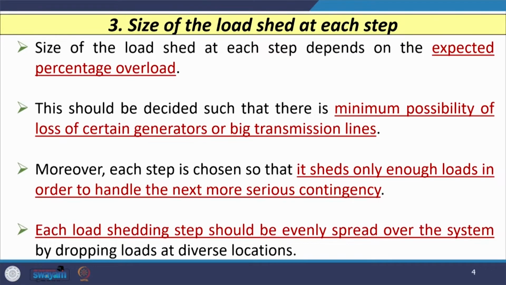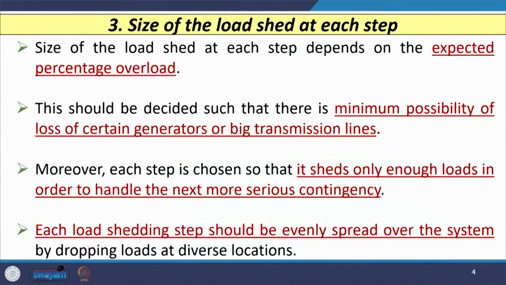So, the size of the load that is to be shed at each step depends on the expected percentage of overload, and whenever such an expected percentage of overload is there, then we have to design the share of each load during each step in such a way that there is minimum possibility of loss of generation and big transmission lines.